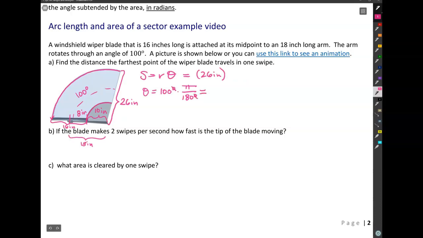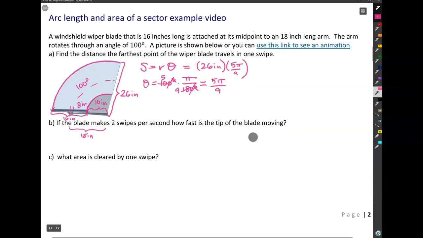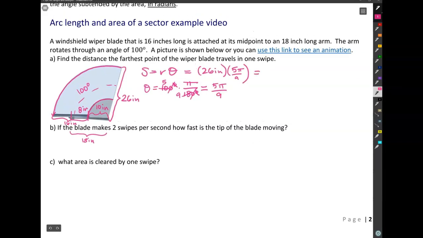So I can cancel out my degrees, which is excellent. I can knock out a 0, and then 10 over 18, I can cancel 2 out of that and make it 5 ninths. So I get 5 pi over 9, and that will give me the distance that that far point is moving.